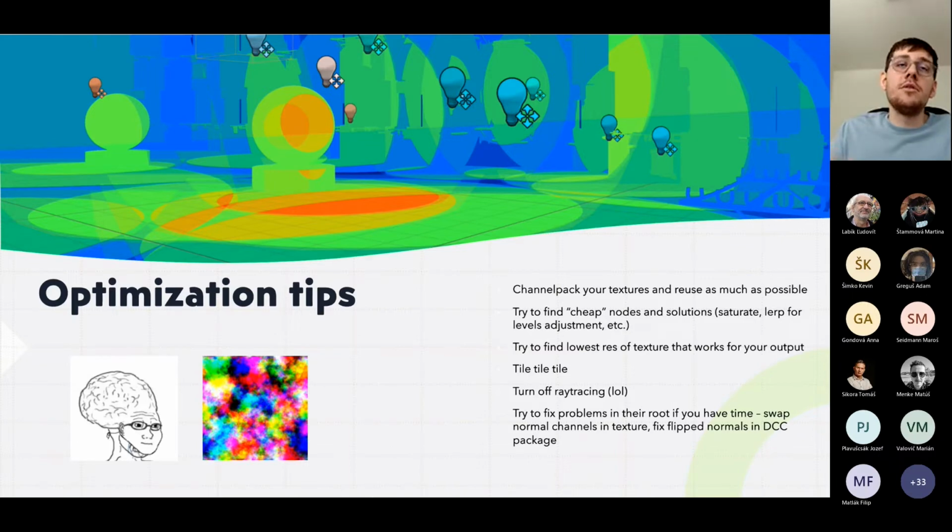So maybe swapping the channels before the engine or inside of the texture, but not doing it at the end of the pipeline, because when another person gets the texture and doesn't use your shader, it will be broken again. So yeah. And also sometimes flipped normals. I see people flipping them in the shader.